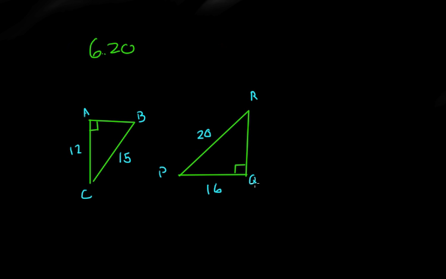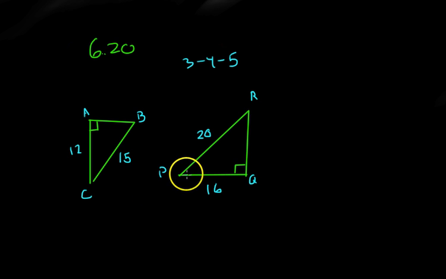The way that you prove this is sort of like the last one. We need to find AB and RQ. If you notice, these triangles are 3-4-5 triangles because they're right triangles and they follow this pattern.